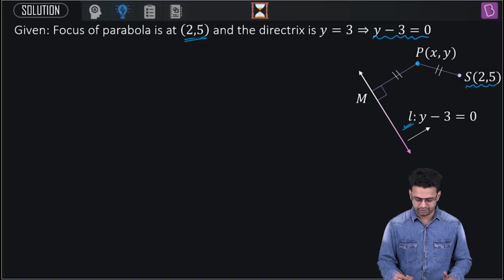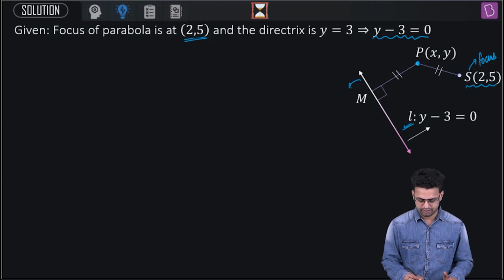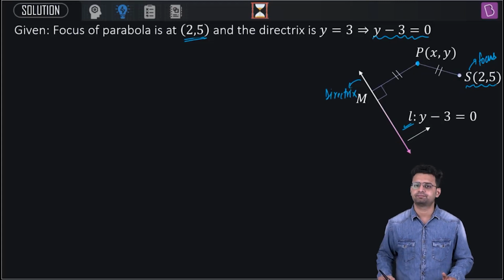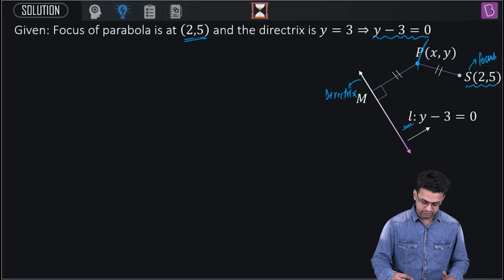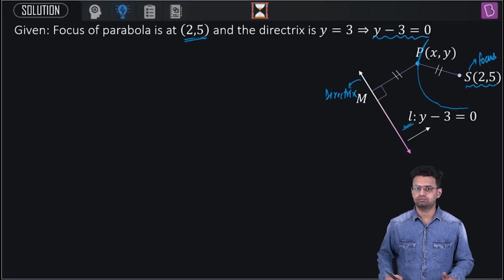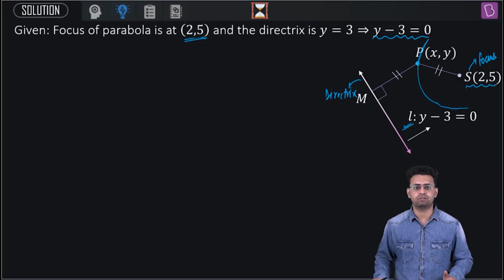The fixed point is nothing but the focus and the fixed line is nothing but the directrix. Correct? That means this point P is going to move in somewhat this path, right? And the curve generated is going to be of a parabola.